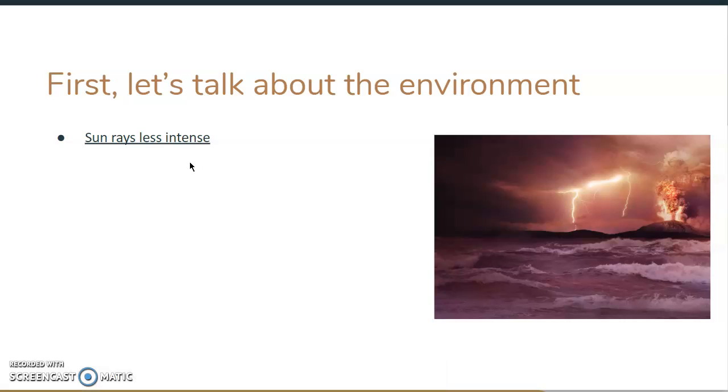The sun would not have felt as hot, and our evidence of this is that we can look at life cycles of other stars, rather than our own Earth, and determine that when stars are a little bit younger, they don't produce as much energy. We also had an atmosphere, but it was a very different atmosphere. It was mainly formed by methane and carbon dioxide. Methane is CH4, carbon dioxide is CO2.